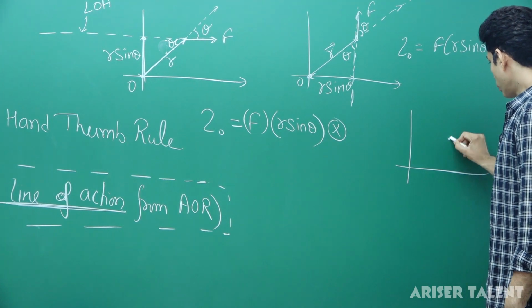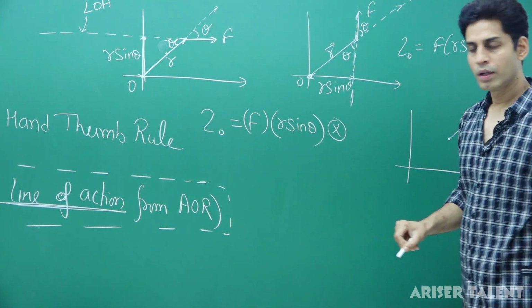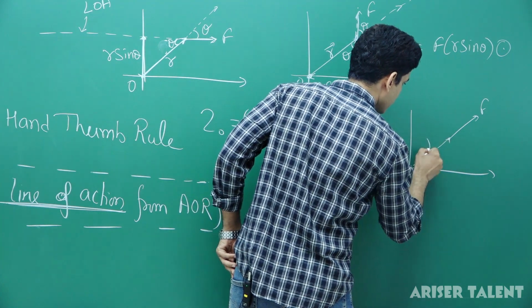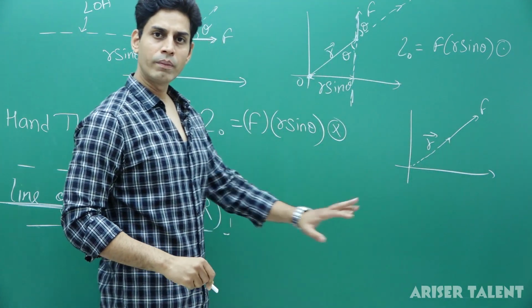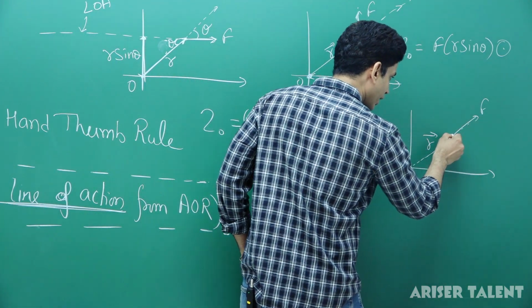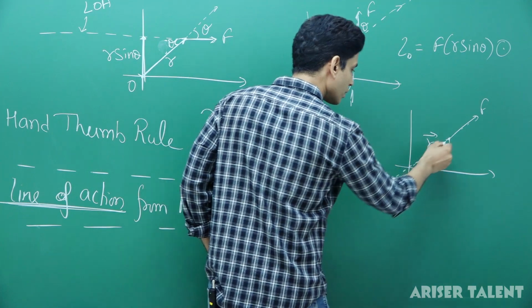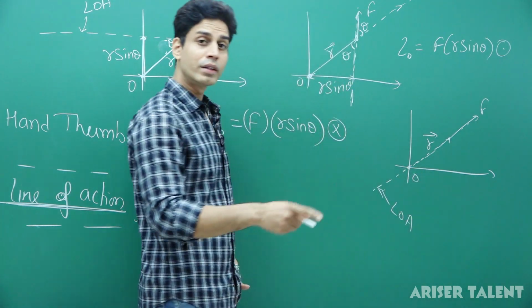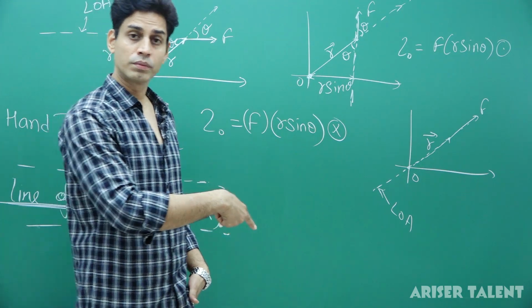Fine. Now one more. We applied a force like this. Now this is R. The angle between them is 0. This is the line of action, and we have to write the torque about the origin.